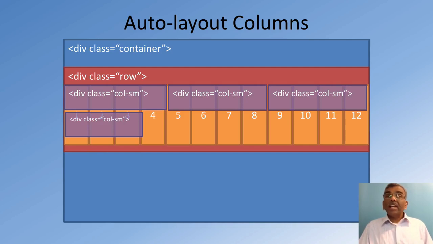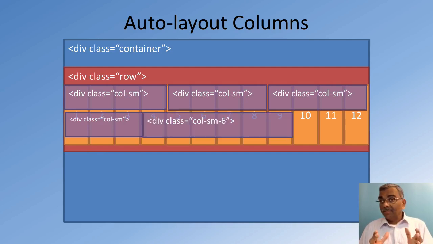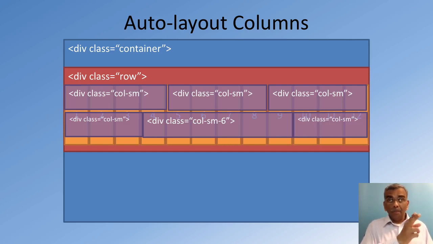Now, we can explicitly specify the number of columns a particular piece of content occupies. So for example, suppose I specify 3 column classes, but for the middle one I specify column SM6. Then what happens is when Bootstrap does the layout, the middle one will occupy 6 columns, and the left and the right pieces of content will occupy whatever is left over.